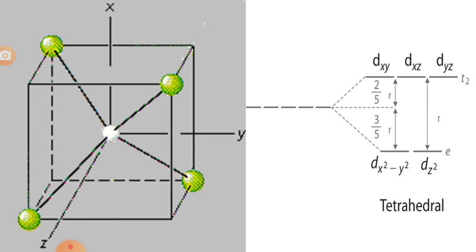The difference in energy between the T2g and Eg levels is given the symbol delta T, where T stands for tetrahedral, or it is 10 Dq. So here is the simple splitting pattern in the case of tetrahedral.